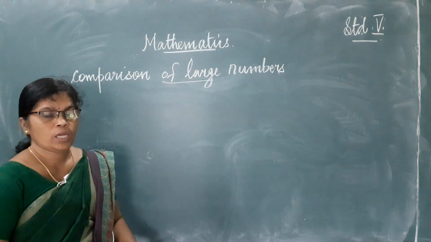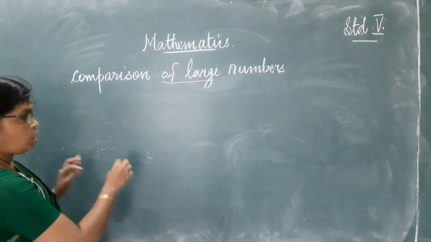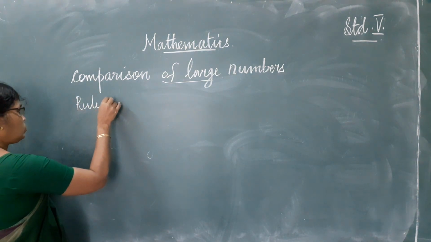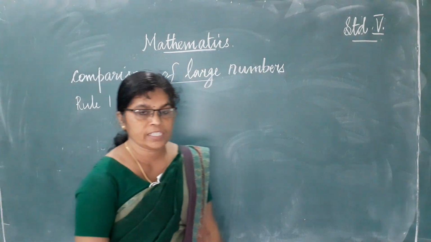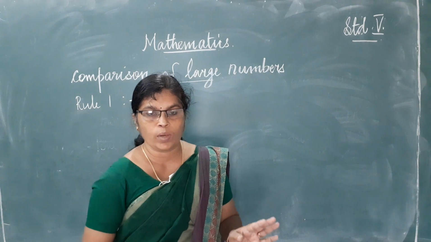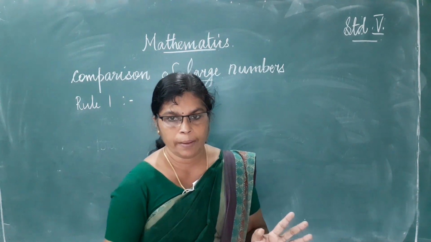Comparison of large numbers. Now the first case, rule number 1. Rule 1 is if the number of digits is not the same. If there is an unequal number of digits, how do we compare the numbers?